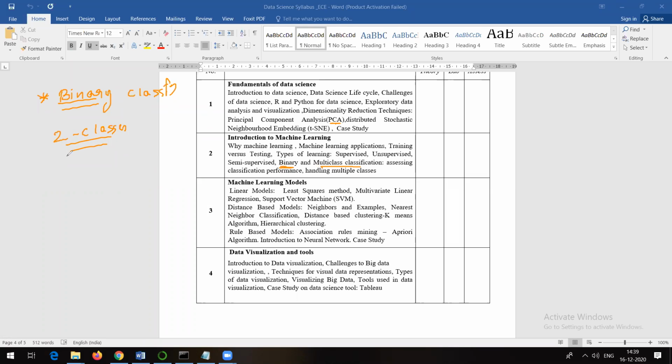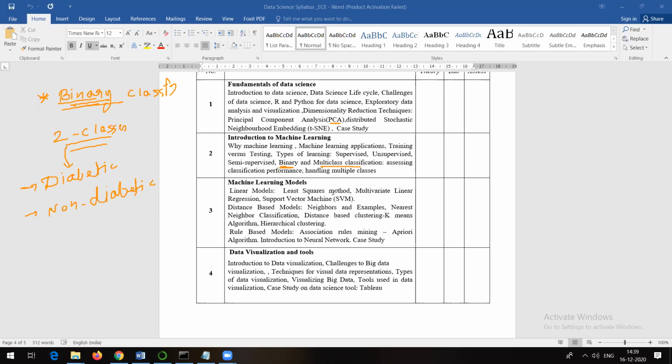In that output column, suppose you want to develop a model in which you classify a patient as diabetic or non-diabetic. That's a problem of classification. Here in this case there are two classes, so this is a problem of binary class classification, where you have two classes.